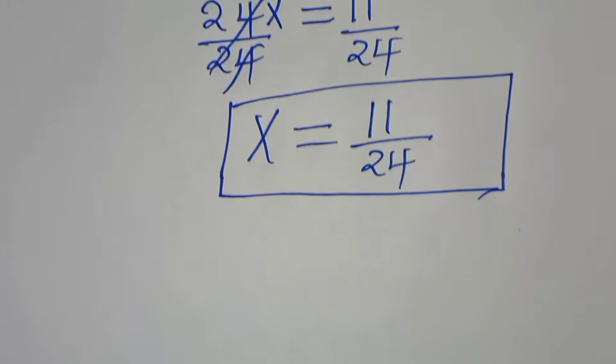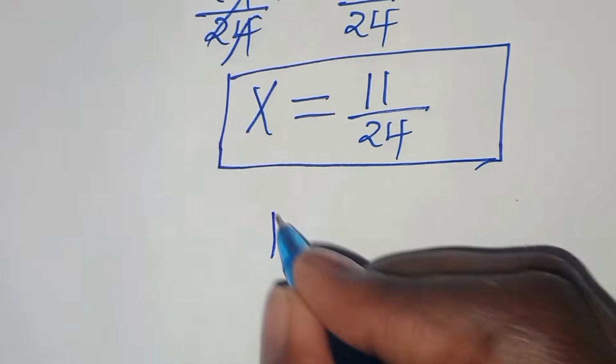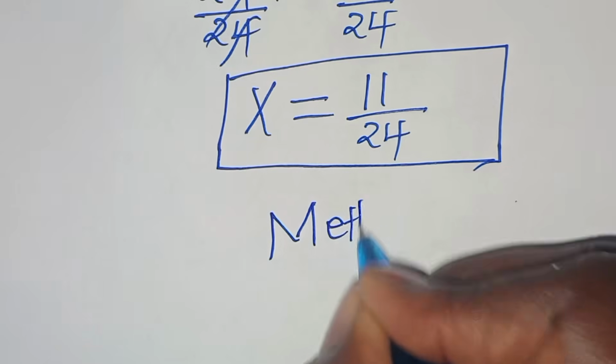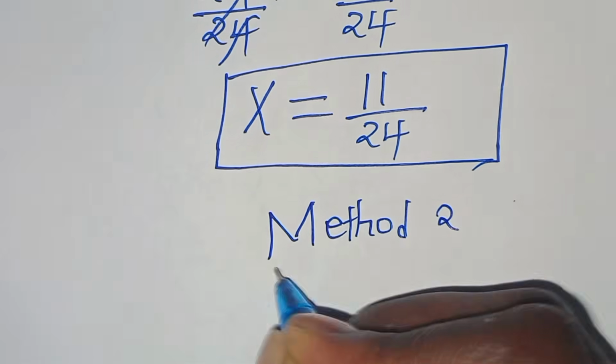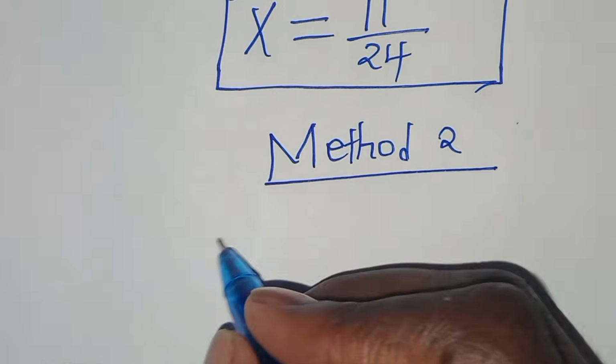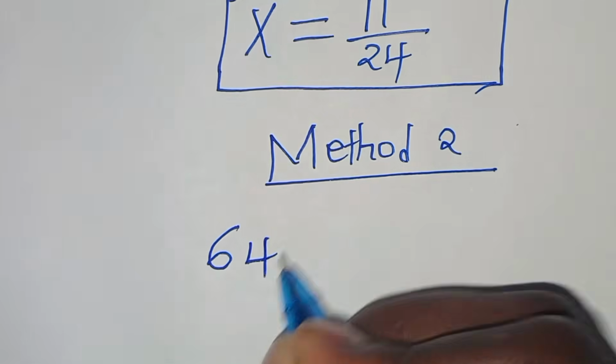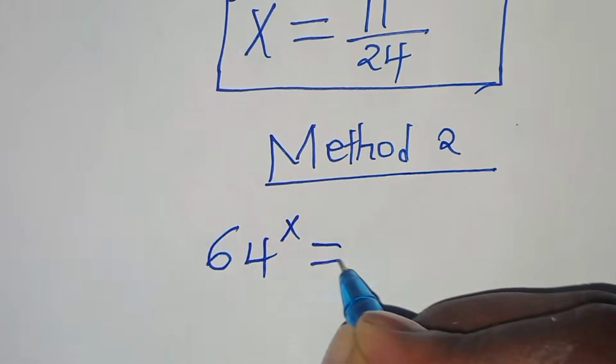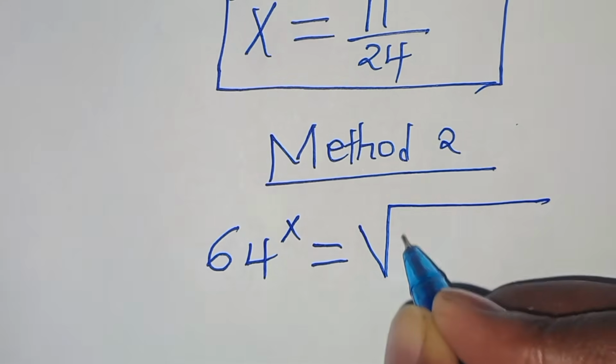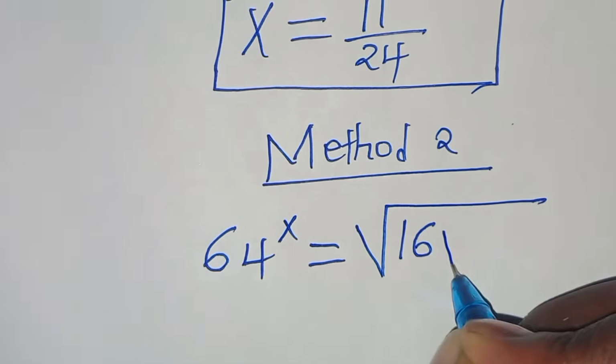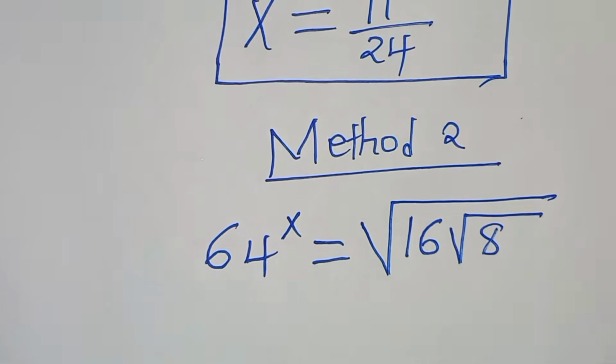So let's apply method 2 from here. We have 64 raised to the power of x equal to the square root of 16 multiplied by the square root of 8.